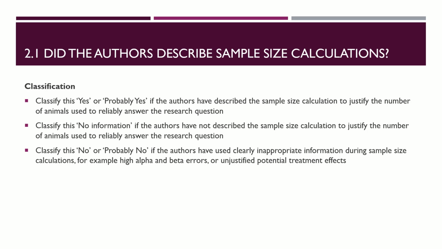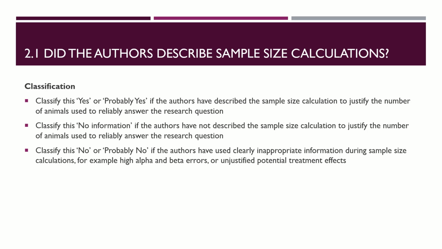Classify this as no or probably no if the authors have used clearly inappropriate information during sample size calculations. For example, high alpha and beta errors, which are unacceptable. So usually an alpha error of p is equal to 0.05 and a beta error maximum is about 10 or 20%. That's 0.1 or 0.2. In other words, the power is usually 0.8 or 0.9.